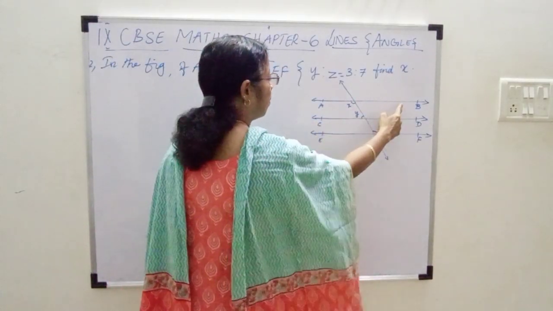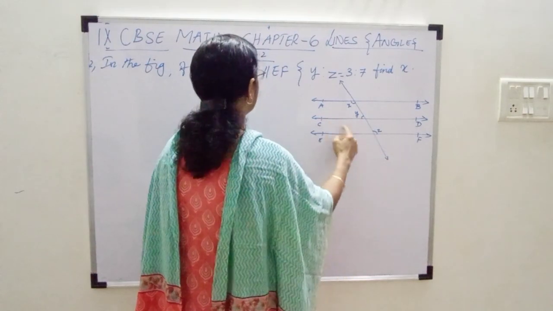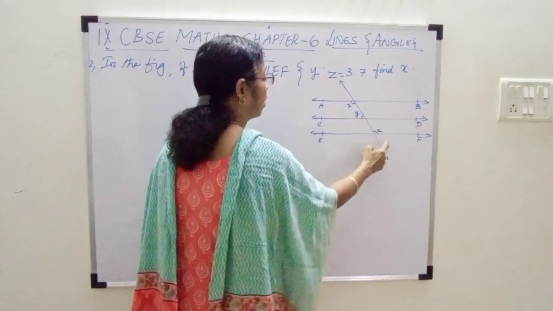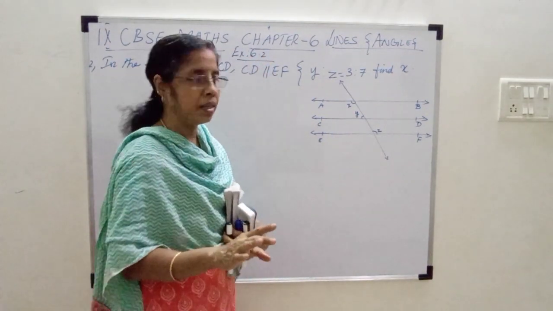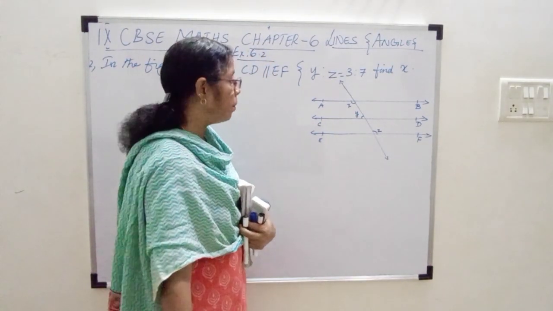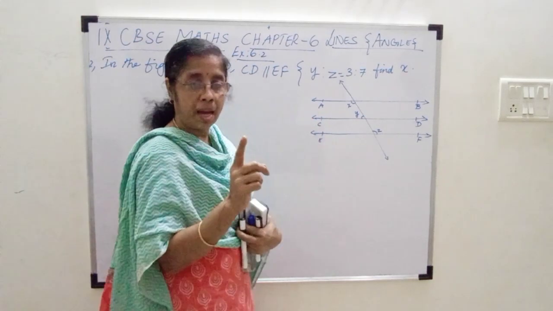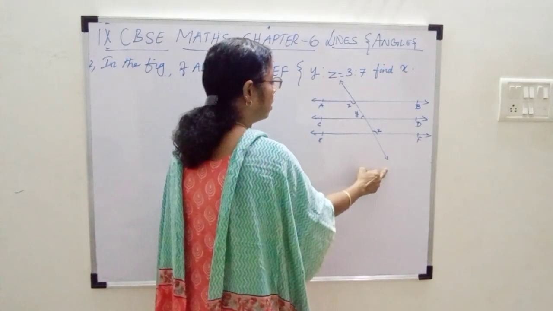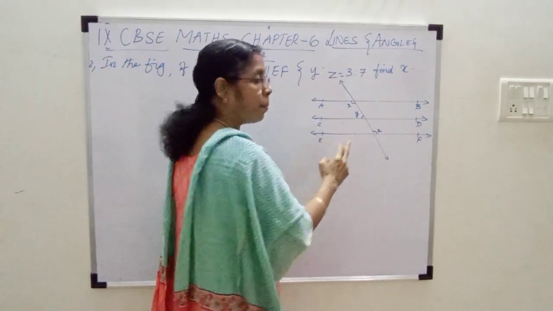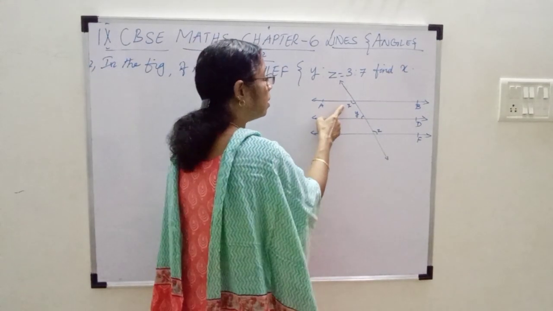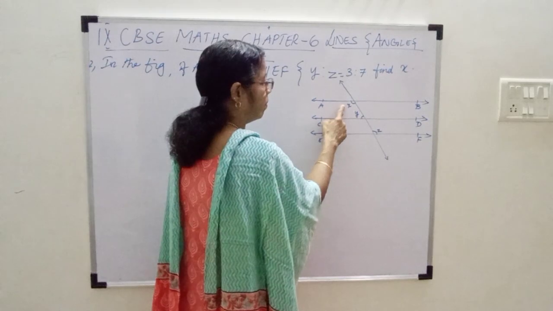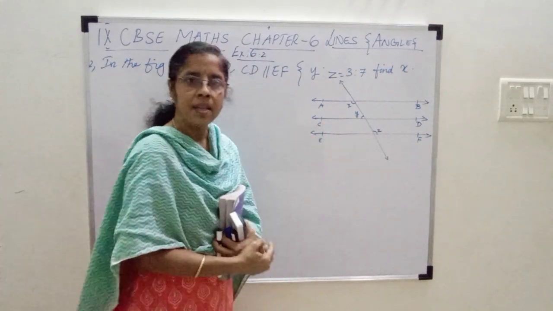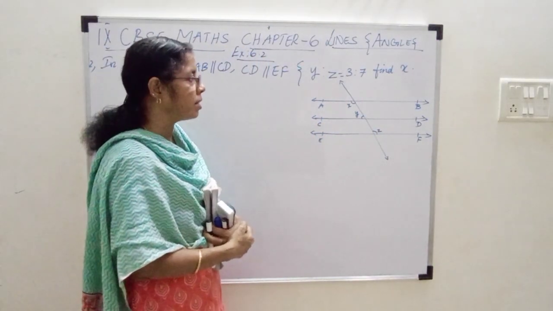See, if AB is parallel to CD and CD is parallel to EF, then AB will be parallel to EF. It's obvious, isn't it? Now, you are supposed to find the value of X. Before that, see, this line is parallel to all the 3 parallel lines. Is there any relationship with X and Z?